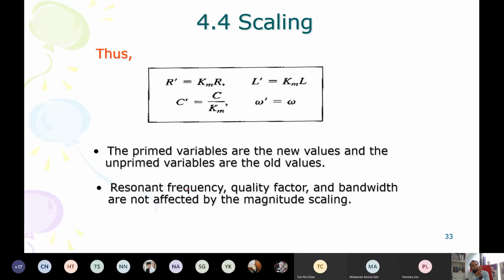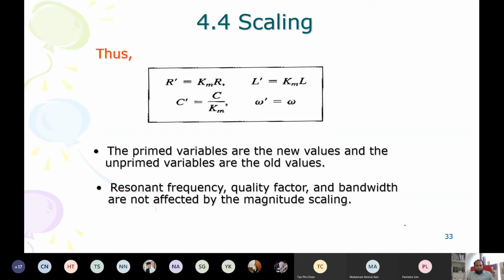Normally we design a circuit with standard unit values, and later on in some of the other courses you will also go for per unit quantities, but not right now. You design a simple circuit and then you can scale it to any level. Okay, so for the basic circuit we just keep R and C and L1, and then we can scale it to another level, and these are the formulas.